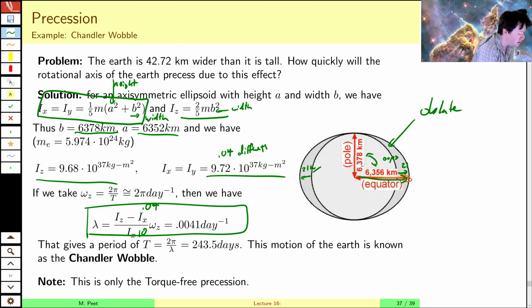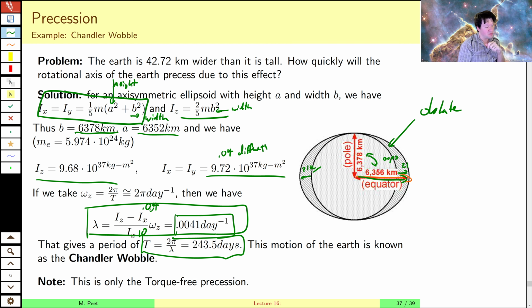And when we do that, we just add a little decimal point right there, and we can get a rough estimate for the precession rate of the Earth, right? 0.004 radians per day. We can from that compute the period of the rotation, right? Which comes out to be about 243 days.